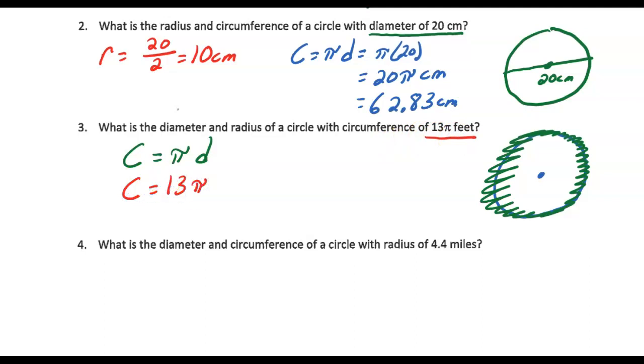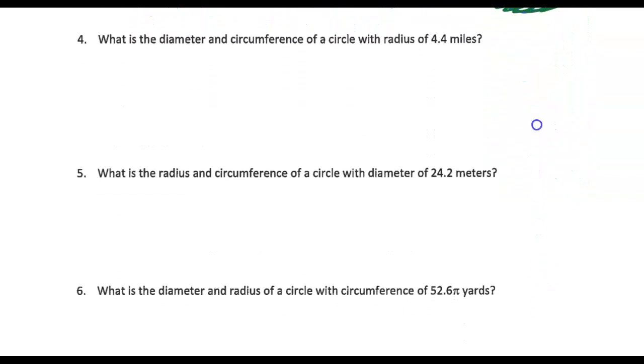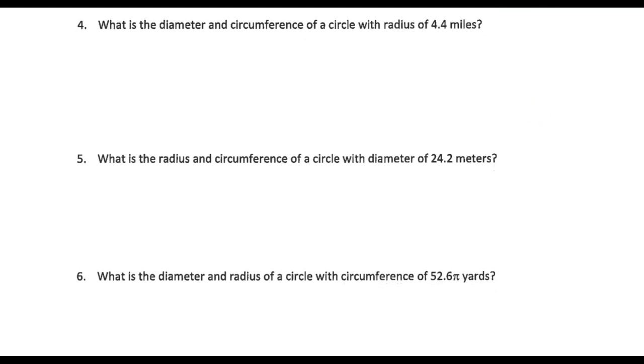And if you were to match these up, you can see both of these have a pi. So that tells me the diameter has to be 13. So the diameter is 13 feet. The radius is 13 over 2, which is 6.5 feet. If you want to pause the screen and try problems 4, 5, and 6, please do so.